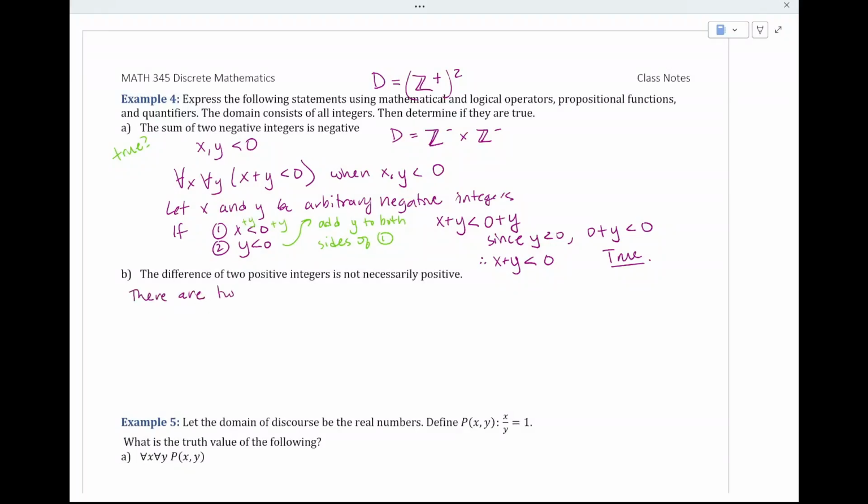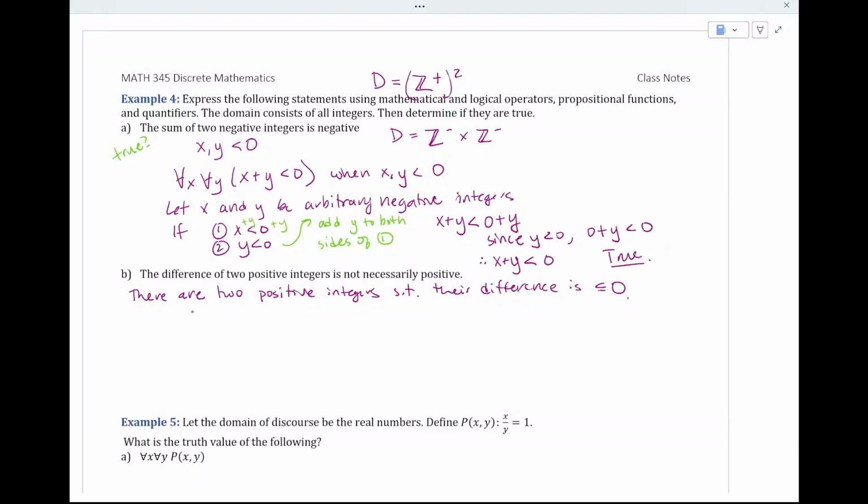There are two positive integers such that their difference is not necessarily positive. So let's say it's less than or equal to 0. That's not necessarily positive.